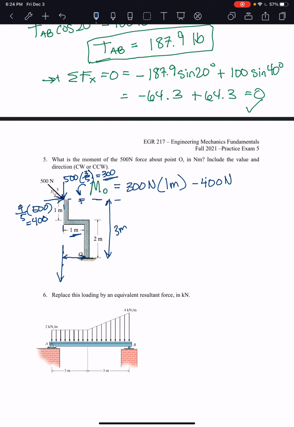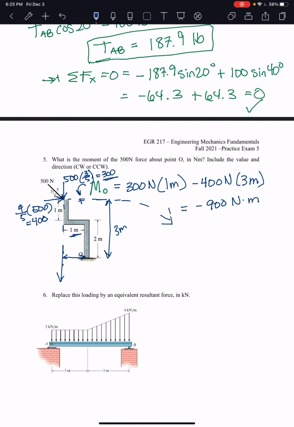You can see it goes in that direction, so that's in the clockwise direction, which will be negative. Minus 400 newtons times 3 meters. So that equals 300 Newton meters minus 1200 Newton meters, equals negative 900 Newton meters.